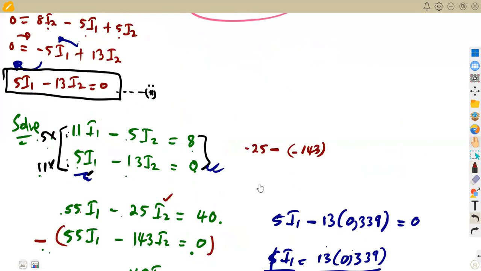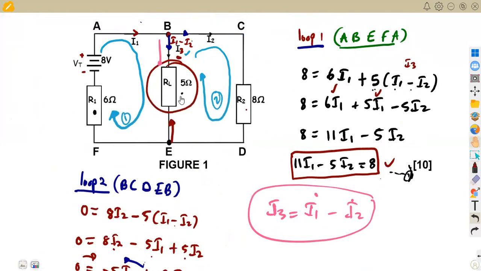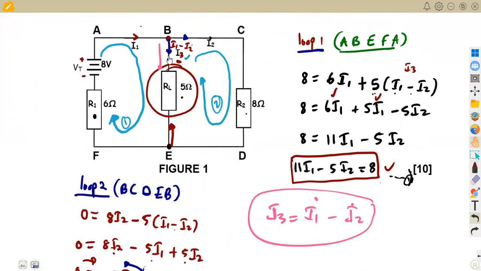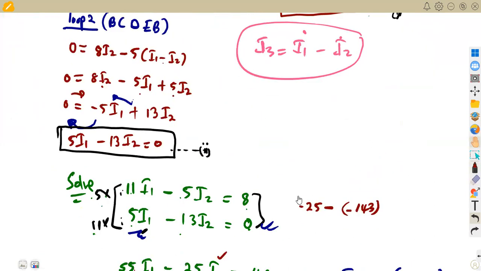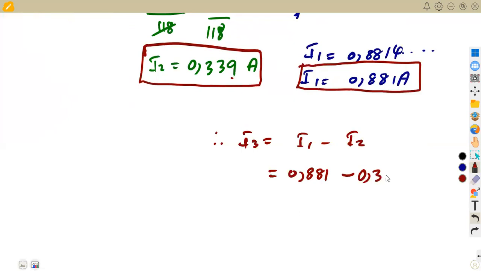So the current, therefore, that is flowing across RL, which is across the 5 ohm resistor in this case, which is I3, is going to be given, like I said, I1 minus I2. So therefore, we're going to have our I3, which is the current flowing through the 5 ohm resistor, as I1 minus I2, which is substitute I1, that's 0.881, minus I2, which is 0.339.